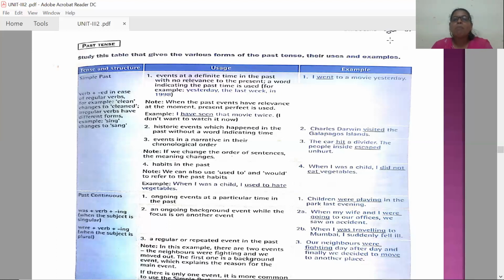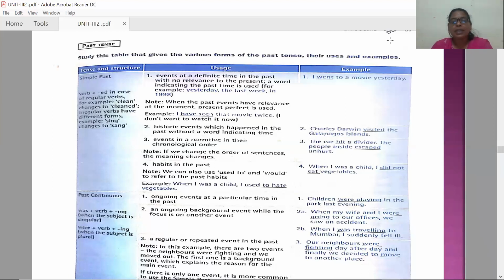Second, an ongoing background event while the focus is on another event. So when my wife and I were going to our offices, we saw an accident. Two past events: one past event was going on and the other event happened. Next example: when I was traveling to Mumbai, I suddenly fell ill.